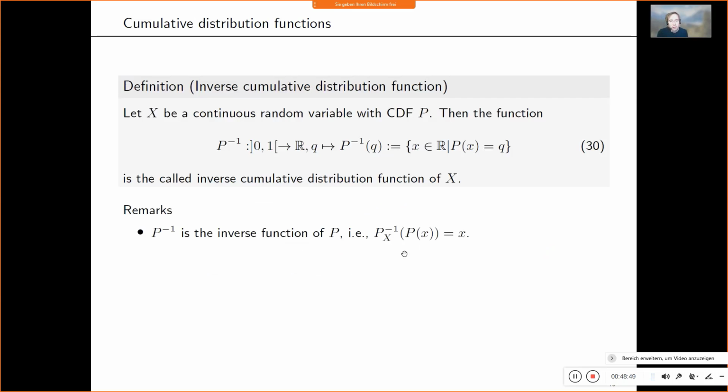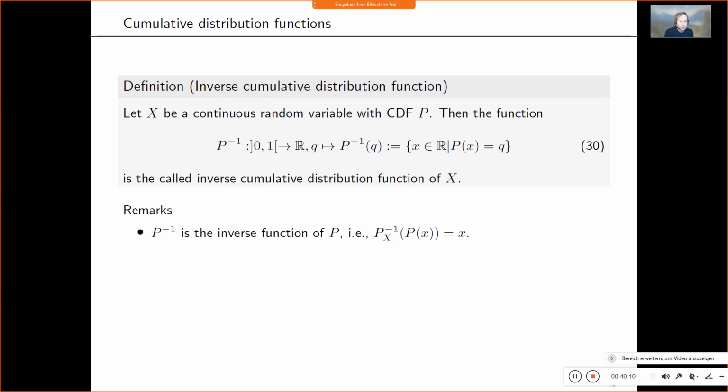For that, we first define the inverse cumulative distribution function, which only exists for continuous random variables, and we define it as P superscript -1, which goes from probabilities 0 to 1 to the real numbers.